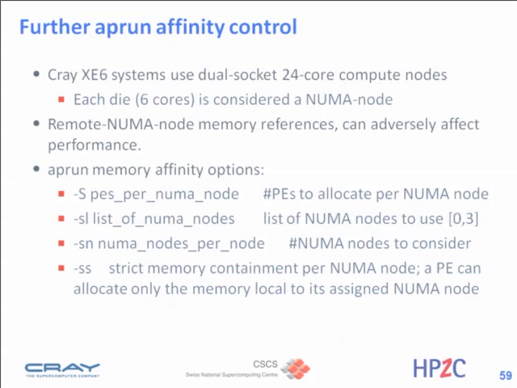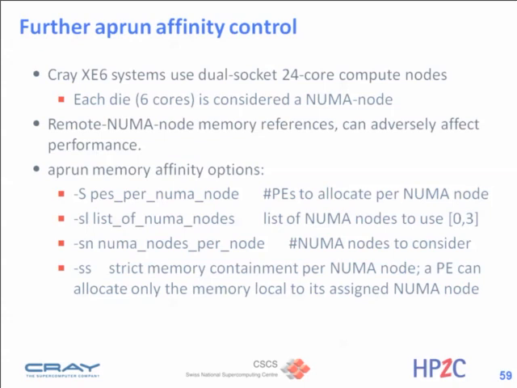For further AP-Run affinity control, there are other options that allow you to fine-tune and control which cores your application is using. There are two which are most useful to me, and one is capital S. With this capital S, you control how many PEs are allocated on NUMA nodes.